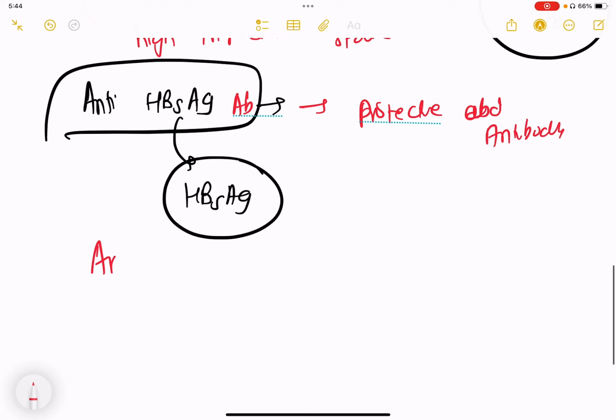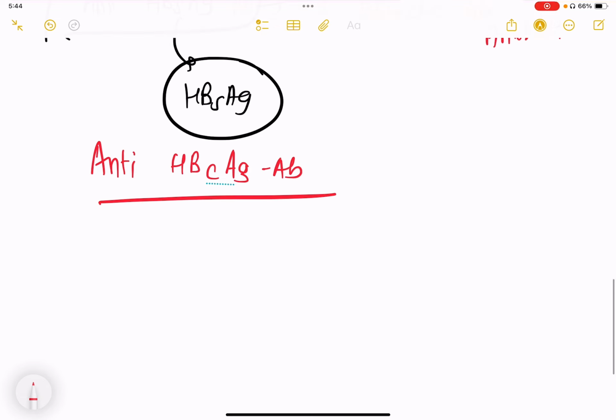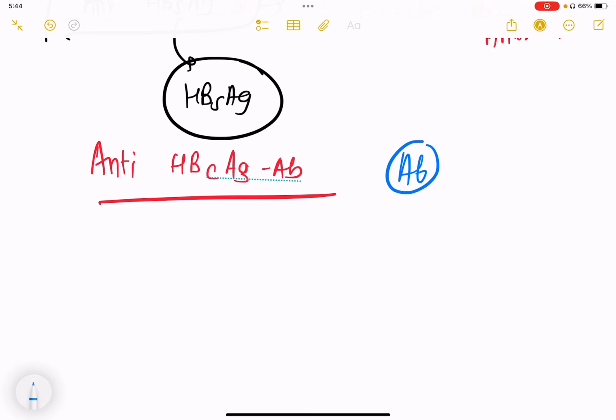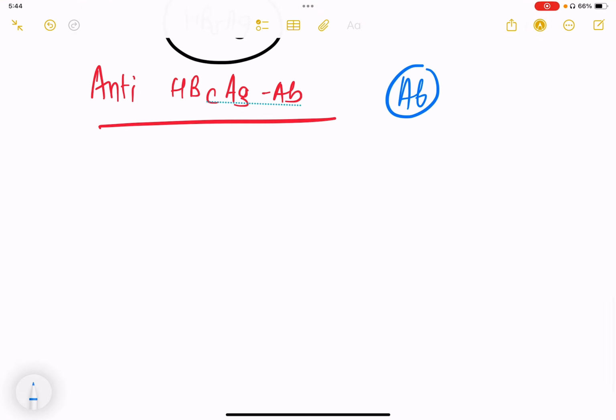Second thing is this anti-hepatitis B core antigen antibody is one of the first markers, the first antibody to come into the system. As I told earlier, initially it is IgM, and after around 2 to 6 months, this IgM gets converted into IgG.